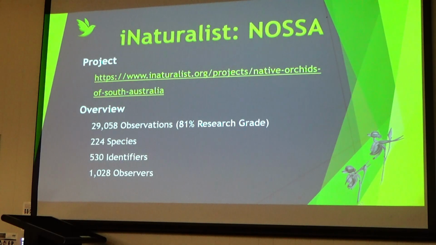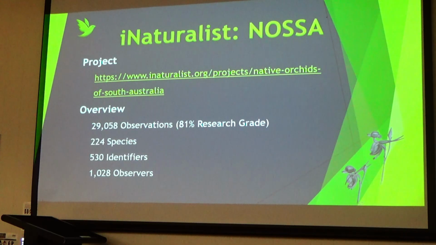Oh no, we gave a talk to NOSSA, and that's why this is still on there. But NOSSA, which is the Native Orchid Society of South Australia, actually has a project on iNaturalist where we gather all the orchid information. And currently there's almost 30,000 observations. And I'm quite impressed, it's got an 81% research grade, so that's pretty good. But as you can see, there's 224 species that we've got on.